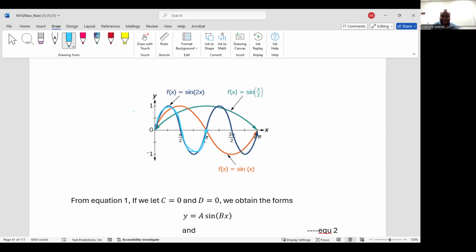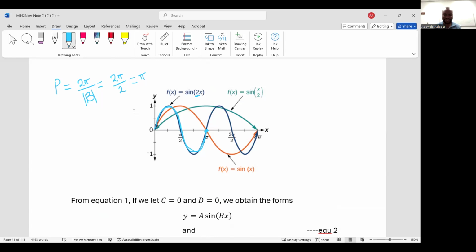That is because our B is bigger than 1. And what do we say? Let us revisit that. P equals 2 pi divided by the absolute value of B. Because our B is bigger now, our period for that particular function, where B is 2, is pi. Meaning that the function is going to complete one rotation within pi.